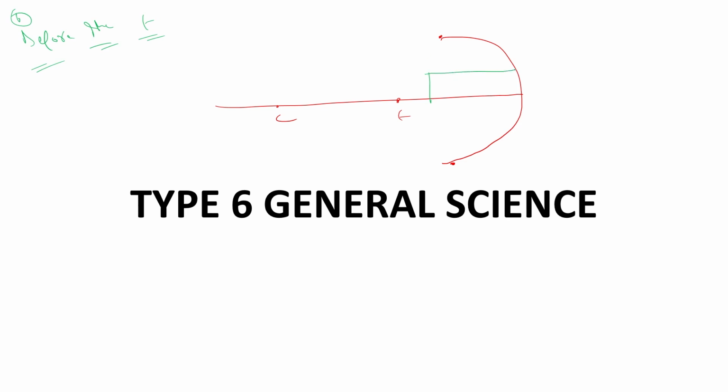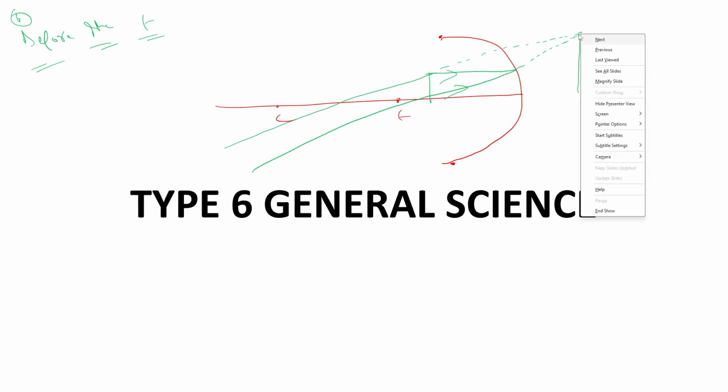Now what will happen? The first ray will hit and go like this. Second ray will go like this. Then what will happen in this scenario? We assume the dotted line, which will meet somewhere on this side.